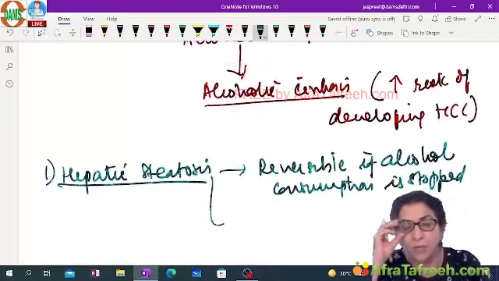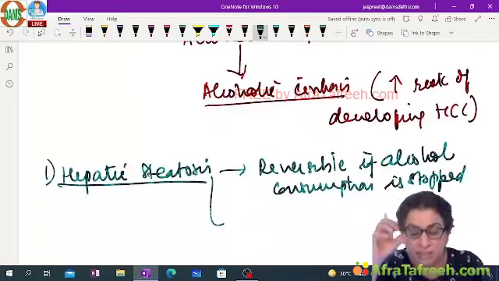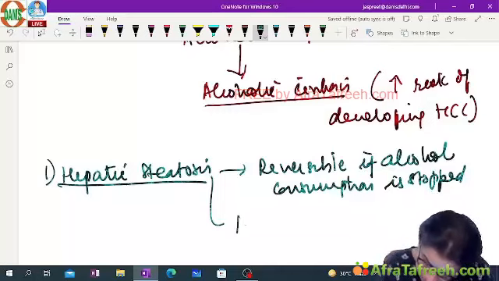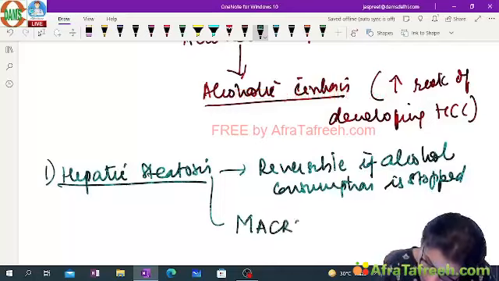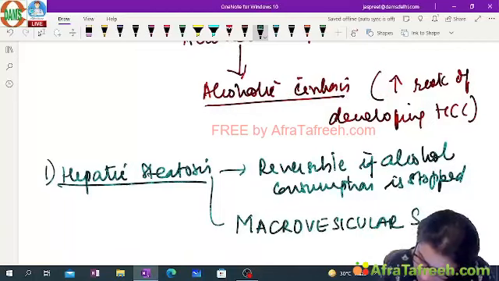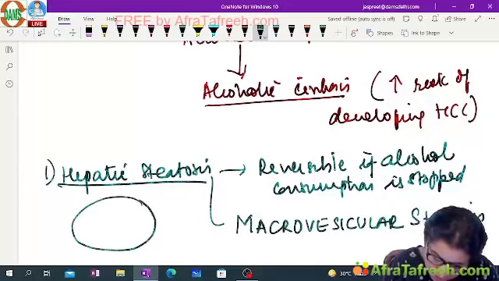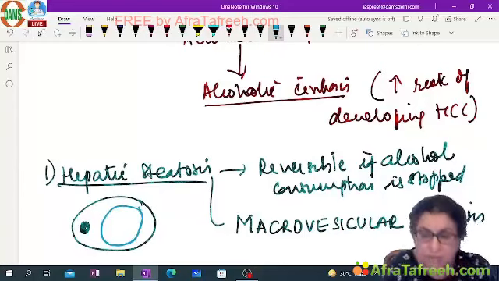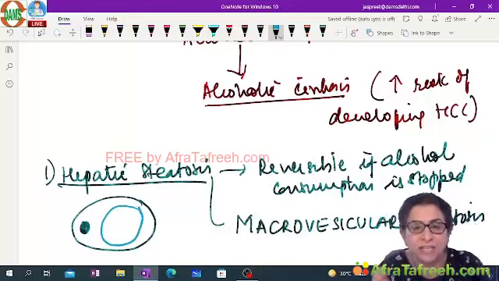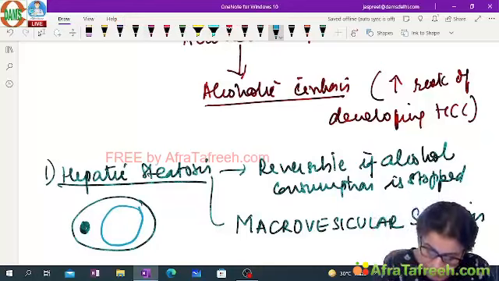And second, what type of steatosis is this? This is macrovesicular steatosis. That is, if you look at the hepatocyte, this is the nucleus of the hepatocyte. In the hepatocyte, you will find a single large vacuole of fat, a big size vacuole of fat. This is called macrovesicular steatosis.